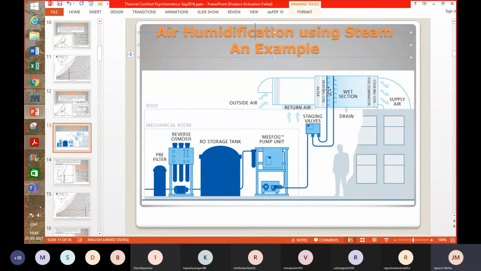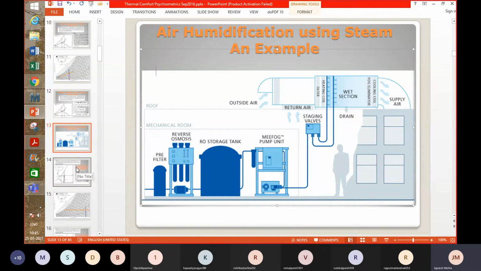If you inject in the required amount, it may vaporize completely and increase the humidity, and then that is supplied into the space. There could be industrial applications of this also, when a humid atmosphere is needed for a certain process, let's say in textile industries. At that time also you can think of injecting steam into the airstream. So this is about the application.